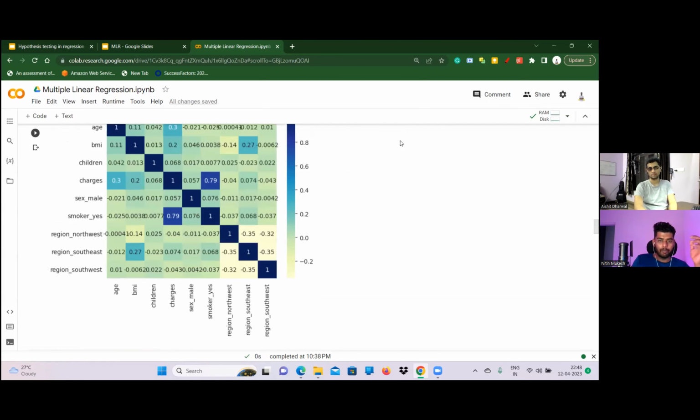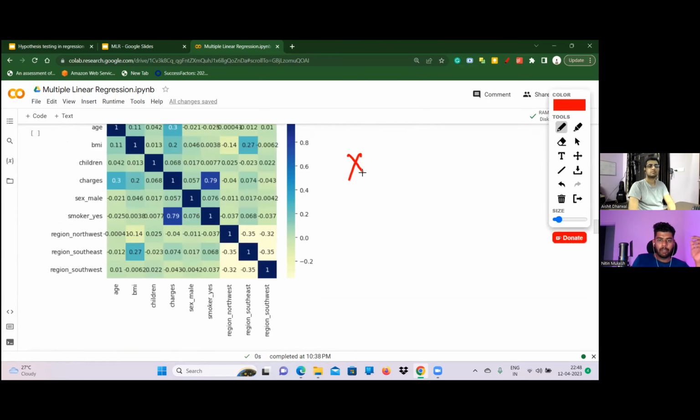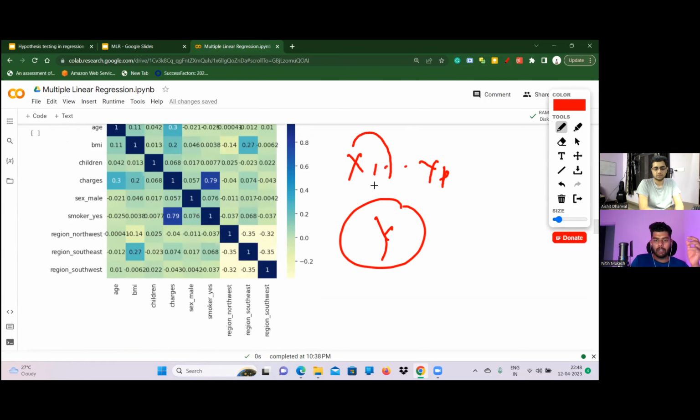So this is good because if any predictor variables x1 to xp have high correlation with y, this is a really good thing because those predictor variables will be able to estimate y more clearly, or you can say more mathematically, you have more surety that x1 will have impact on y. Multicollinearity means that x1, x2 and so on have correlation among each other. If these have correlation with y, that is a very nice thing.